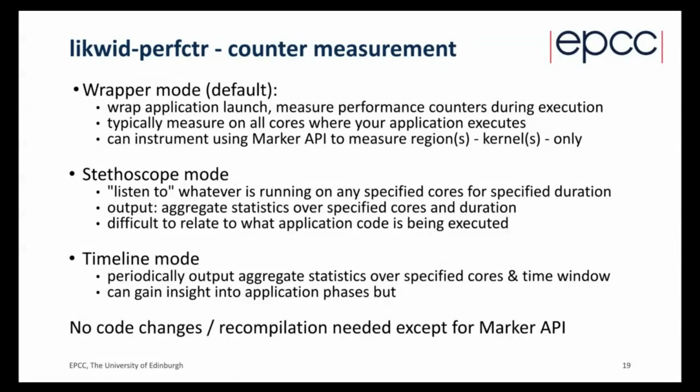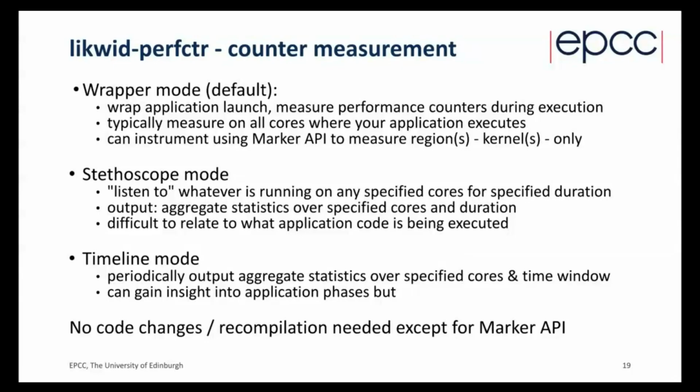likwid-perfctr can be used in three modes, more or less. The default primary mode is so-called wrapper mode. What happens there is that you run likwid-perfctr and you tell it which your application is. It wraps the launch and teardown of your application and starts and stops measurement of counters when your application starts and stops.